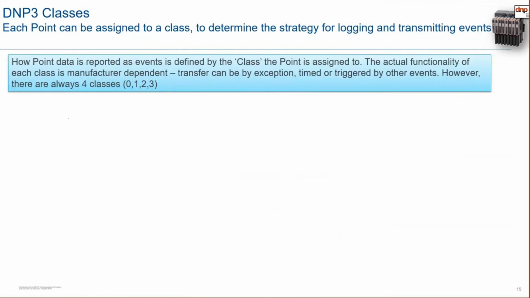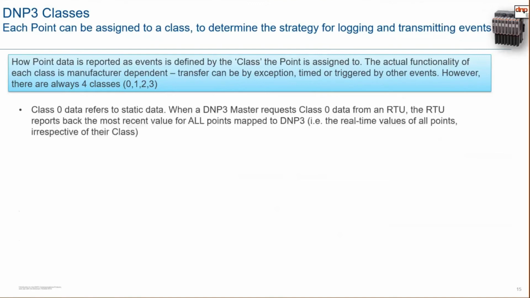The actual functionality of how that occurs is manufacturer dependent. DNP3 doesn't specify it. All it says is there has to be 4 classes and they're numbered 0, 1, 2, and 3. Class 0 always refers to static data, to the real-time data.